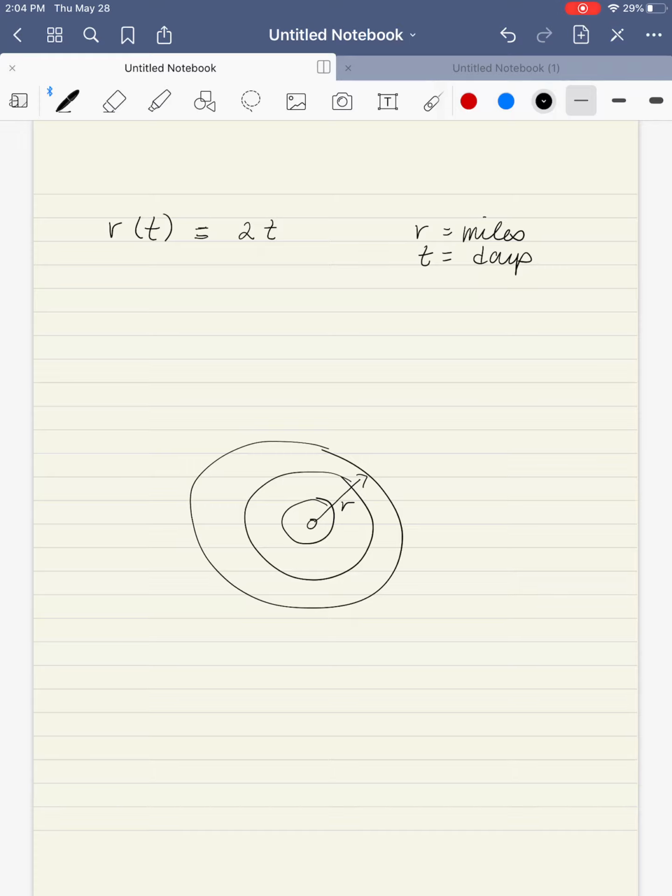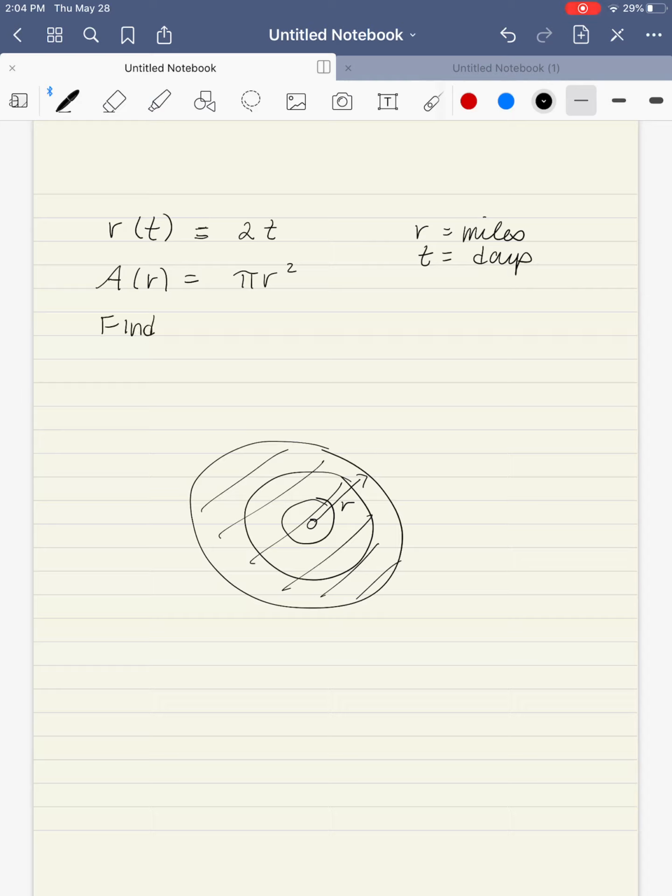So after 1 day, the radius of the circle is 2 miles. After 2 days, the radius of the circle is 4 miles. After 3 days, the radius of the circle is 6 miles, etc. And we also know that the area of the entire oil slick is given by pi r squared. That's just the formula for the area of a circle.